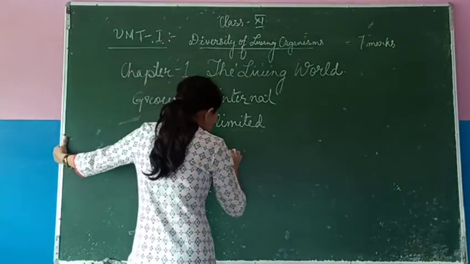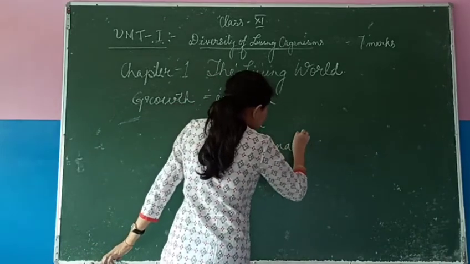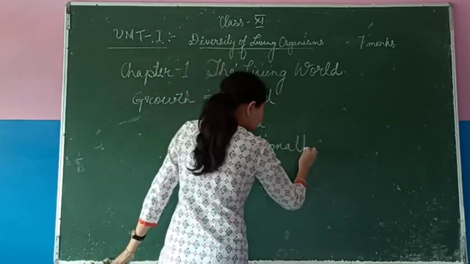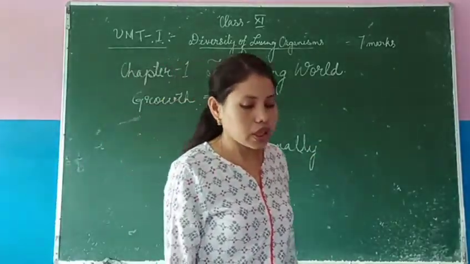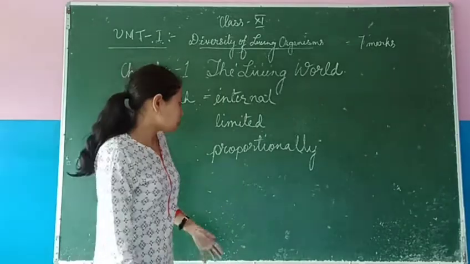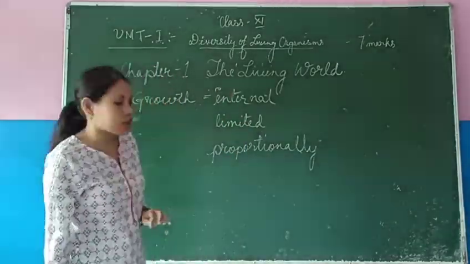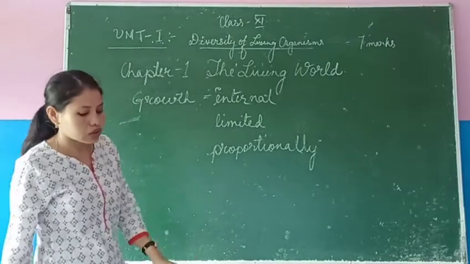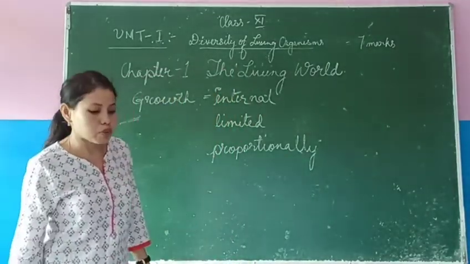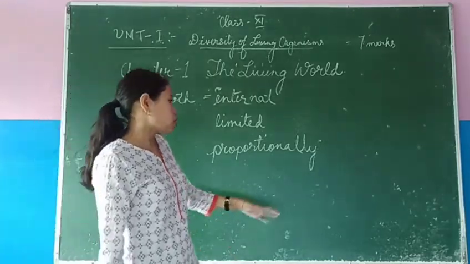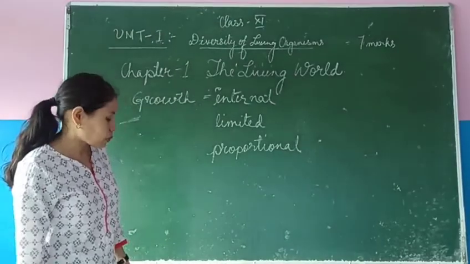Growth occurs proportionally, throughout the body. It's not that some part is growing and some part is not growing. So growth is internal in nature, limited, and proportional in living organisms.